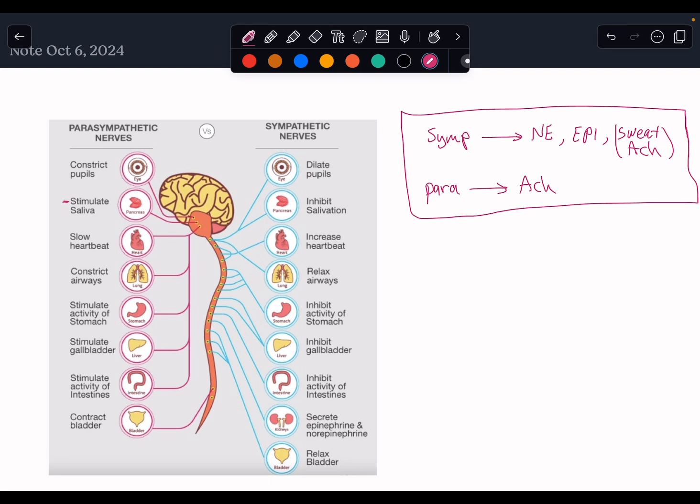So for the pupils, the eyes, it always contracts, which makes the diameter smaller. And they refer to the parasympathetic as digest and rest.